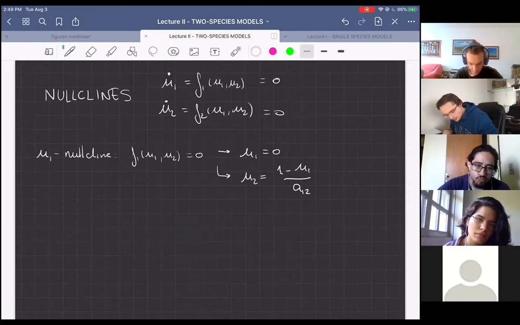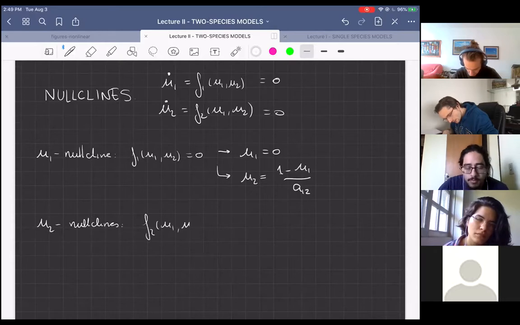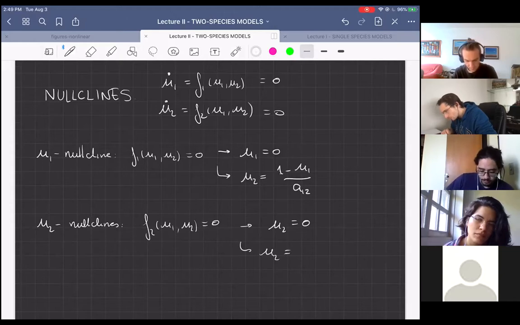And then we can calculate also the U2 null lines that come from solving this second equation, and you will see that this is U2 equal to 0 and U2 equal to 1 minus A21 U1.